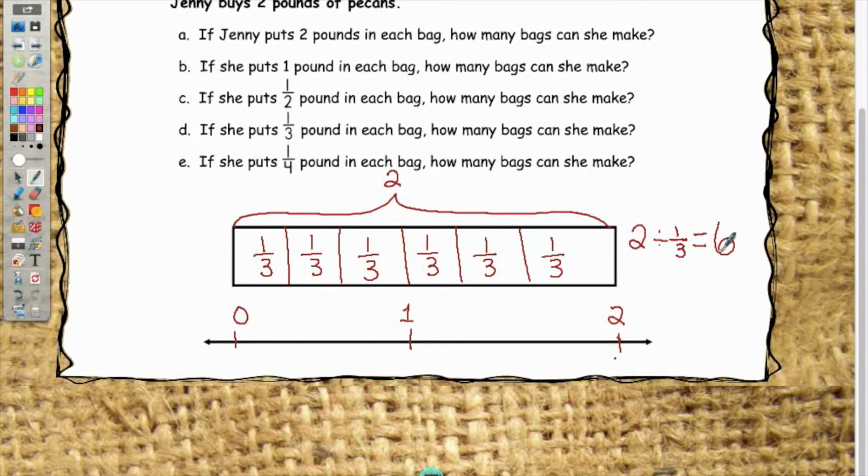Okay. All right. So now I've got to show thirds on my number line. This is good practice for remembering how to label a number line, I guess, since we have a math test coming up.